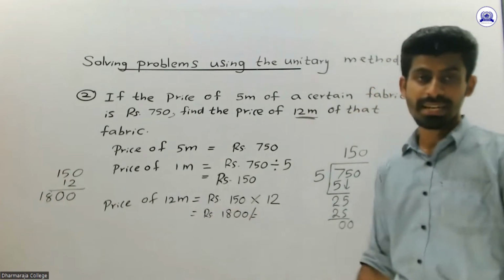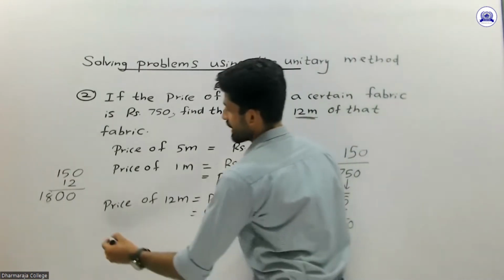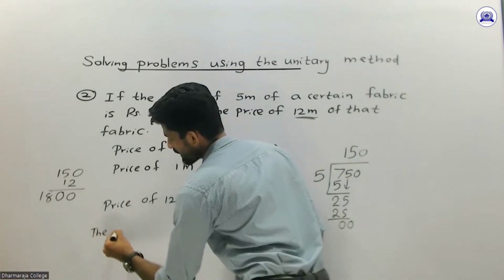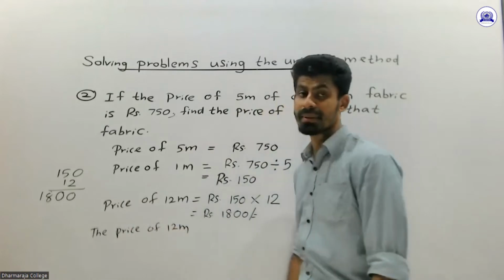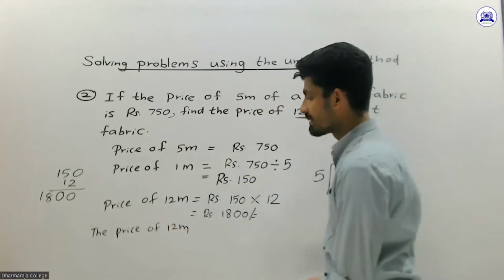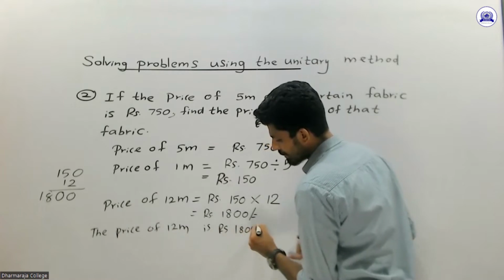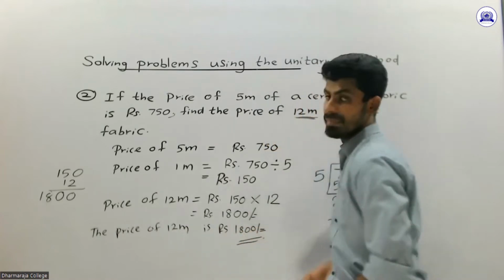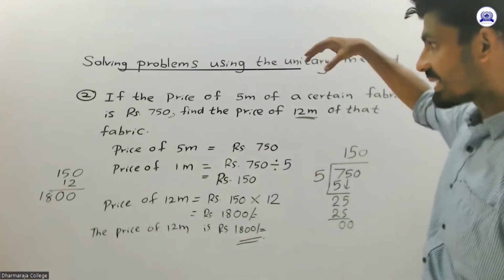Right? So we can write down the answer. The price of 12 meters is 1,800 rupees. So that one is very easy.